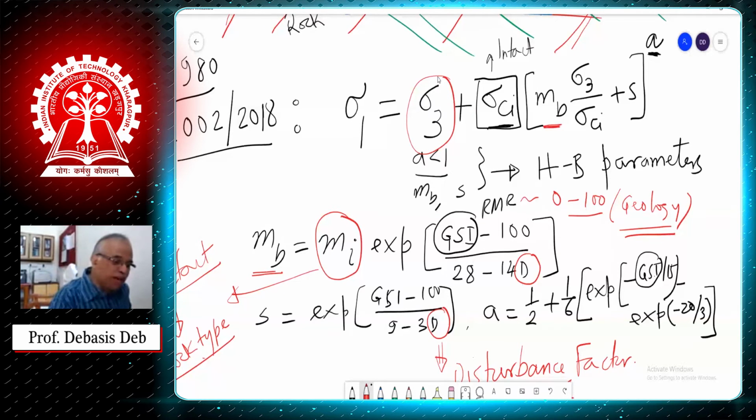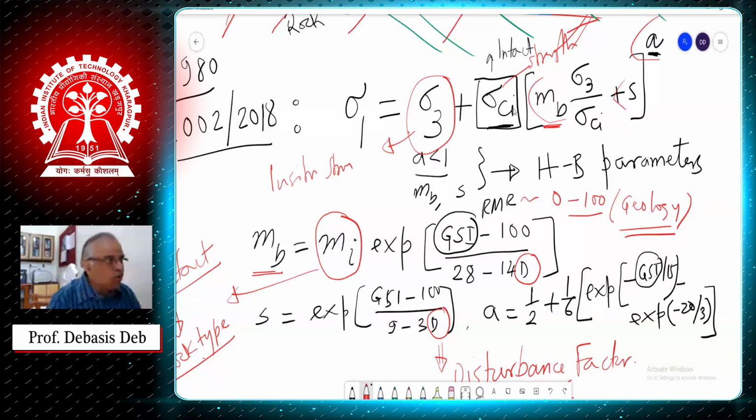So we have geology, rock type, in which rock we are working, strength, and in situ stress.